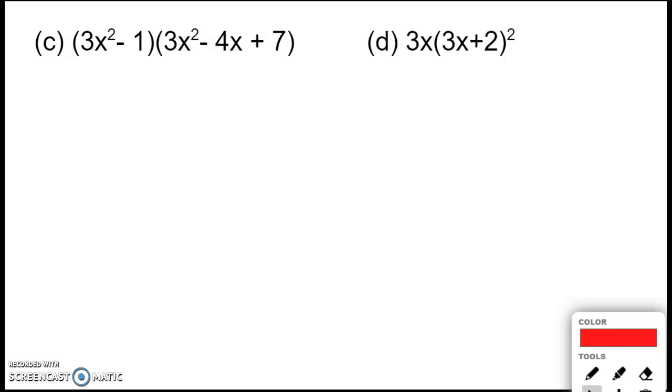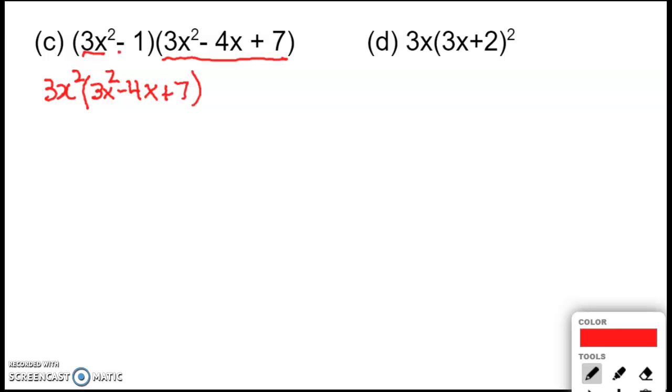So again, using the distributive method, it's the same thing. You're getting the first term of the first binomial, so that's going to be 3x squared, and then multiplying that with whatever is the second polynomial. So that's 3x squared minus 4x plus 7.